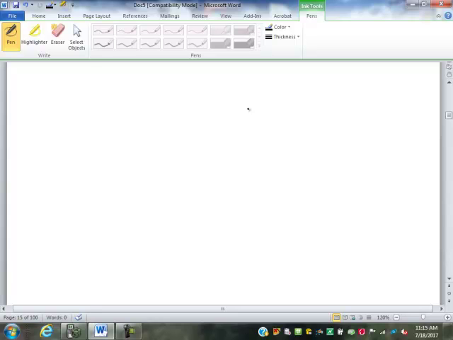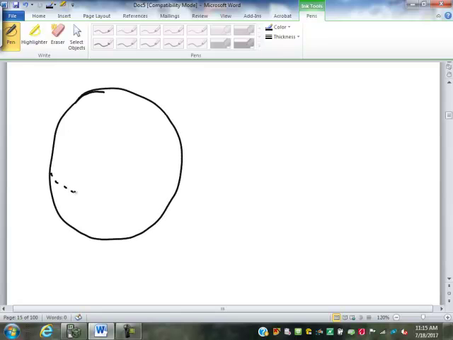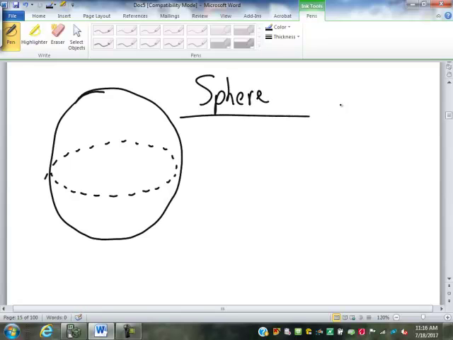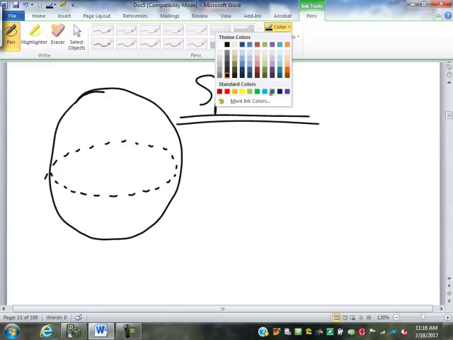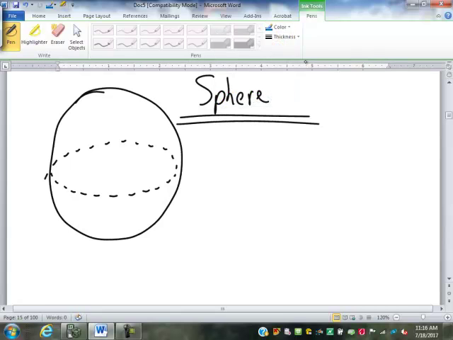One last object that we're going to look at: a sphere. The formulas for volume and surface area of a sphere can be derived fairly quickly, but once again through calculus.